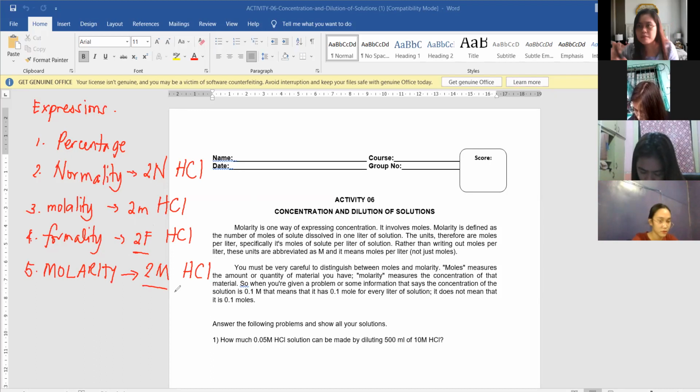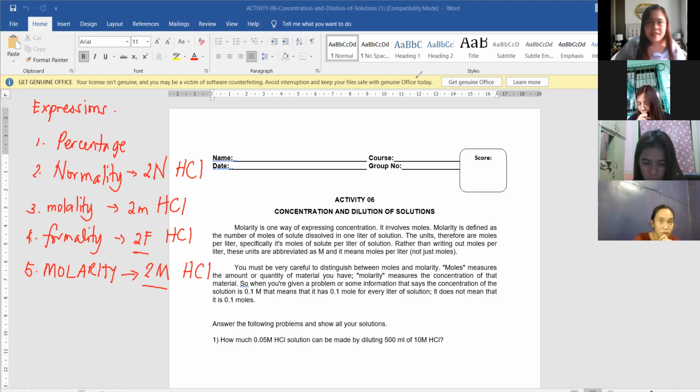So we call it molar, 2 molar hydrochloric acid. So again, these are all the possible expressions or units of concentration that we can use for our compounds in the laboratory or our solutions in the laboratory.